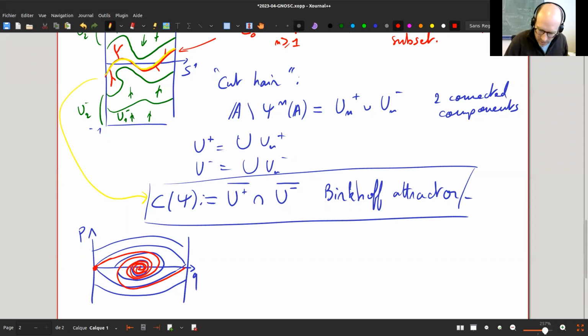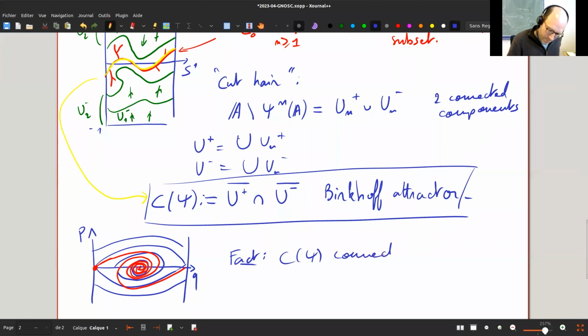But what is known is that it is an annular subset, so the set is connected, and the complement has two connected components.